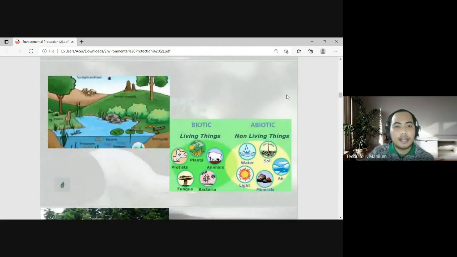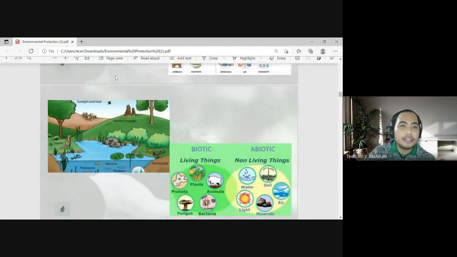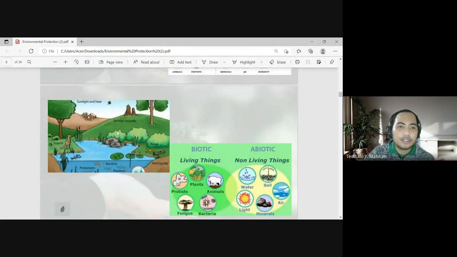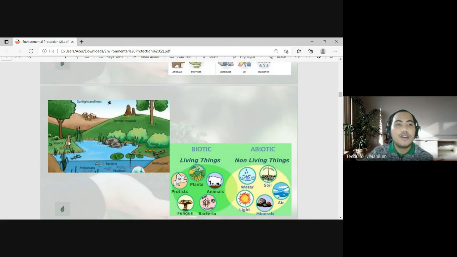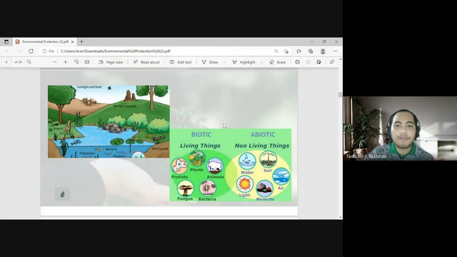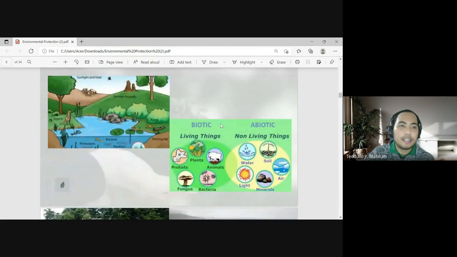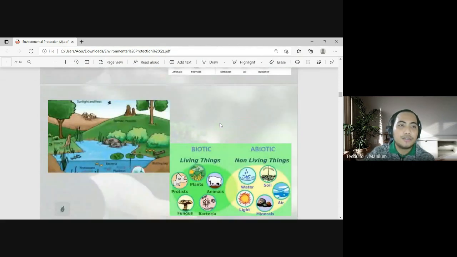So in this picture, you can see the interconnection of everything: the water, the air, the trees, and the animals. The two components are joined in this picture. So makita ninyo diri that the non-living things and living things are interconnected to each other. What you do to a living thing will greatly affect the non-living thing and vice versa.